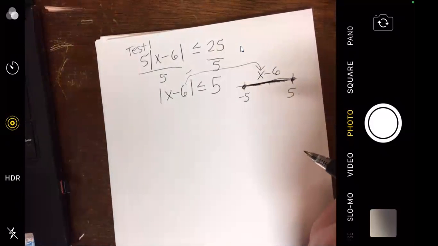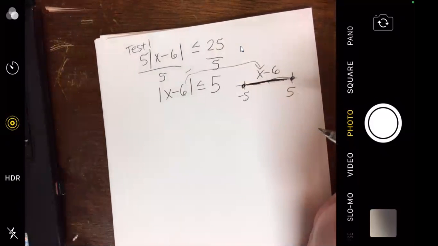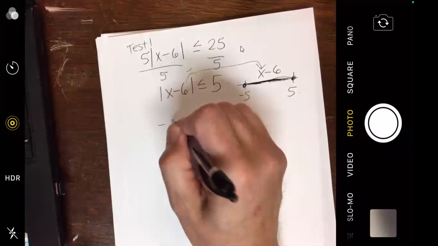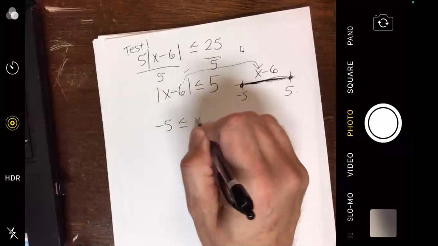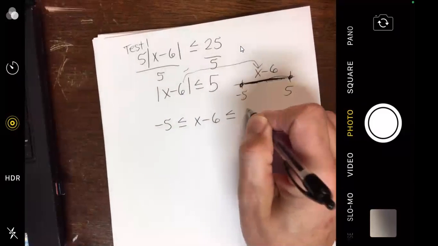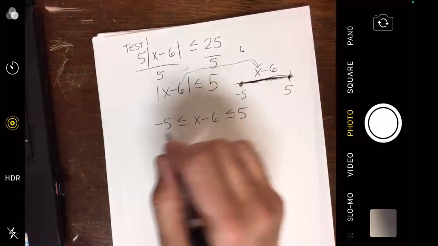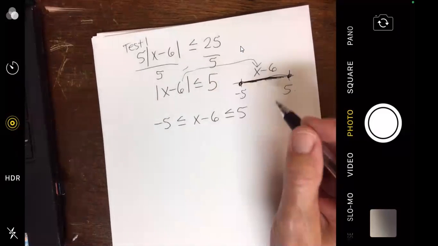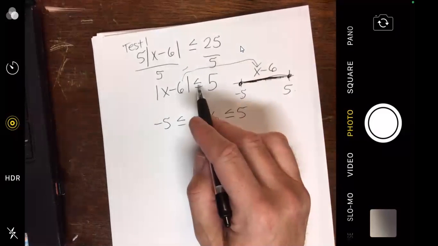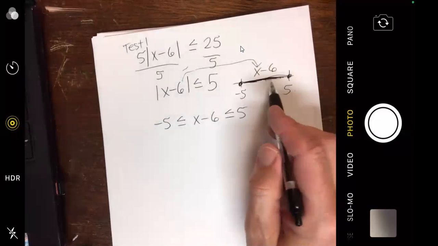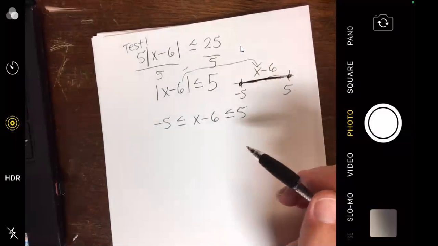Are we with this so far? Yes. Okay. So this means that -5 will be less than or equal to x minus 6, which will be less than or equal to 5. We could set it up as 2 separate equations, and if it was a greater than, I would. But with less than, we can just set it up like this.